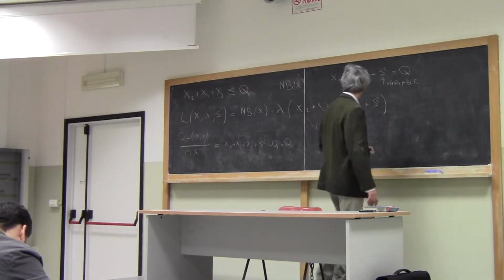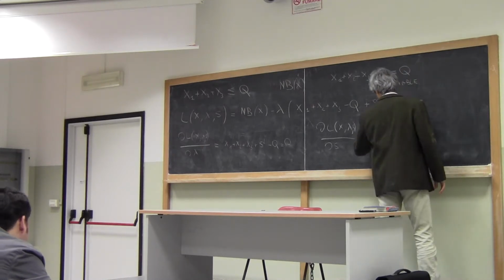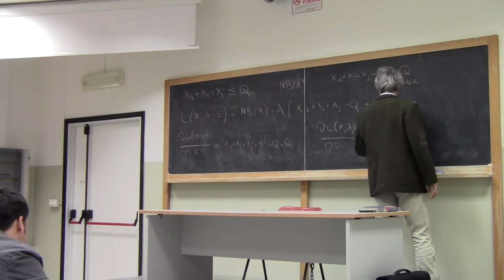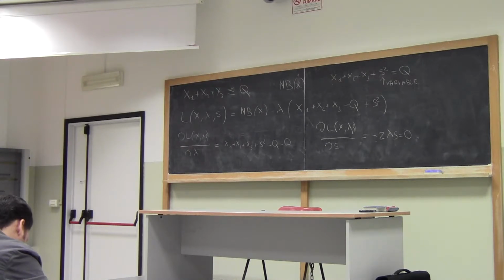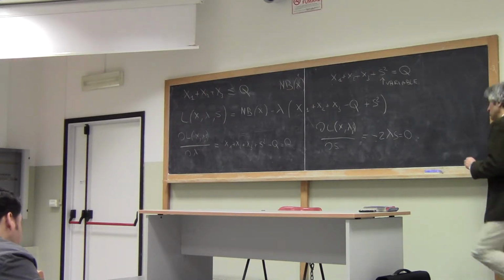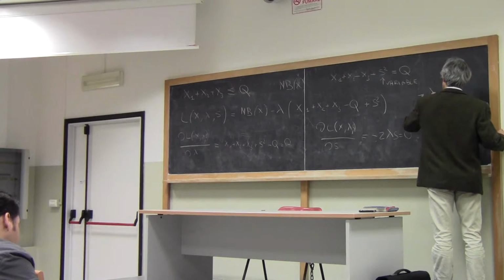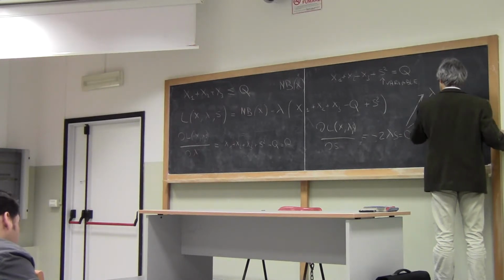So now we have the partial derivative of the Lagrangian with respect to s, which is minus 2 lambda s, which is equal to 0. Now, there are two possible solutions to this last partial derivative. And the two possible solutions are lambda equal to 0 and s equal to 0.